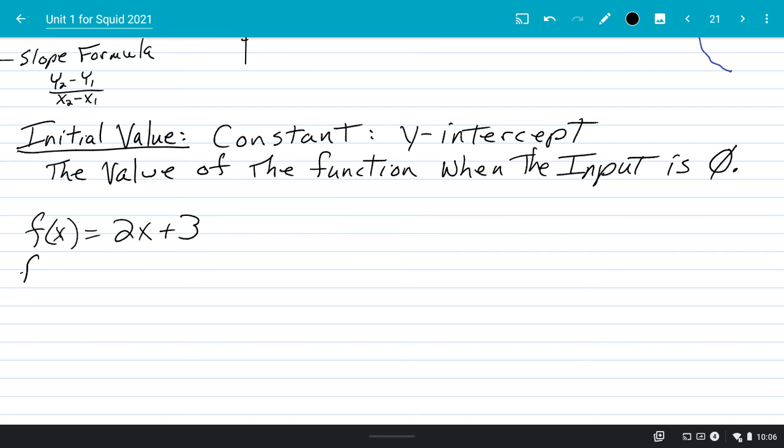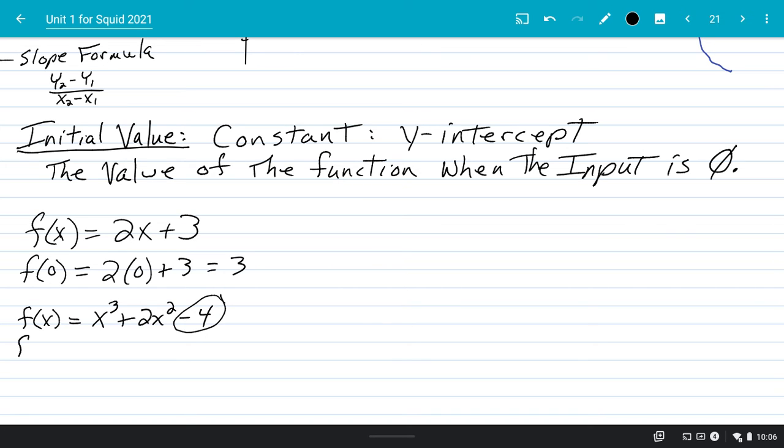The definition said the value of the function when the input's 0. But watch what happens anytime I have an input of 0. So I find f of 0. That ends up being 2 times 0 plus 3, which is 3, right? Even if I gave you some crazy function like f of x equals x cubed plus 2x squared minus 4, you should be able to look at it and see the initial value is negative 4, right?